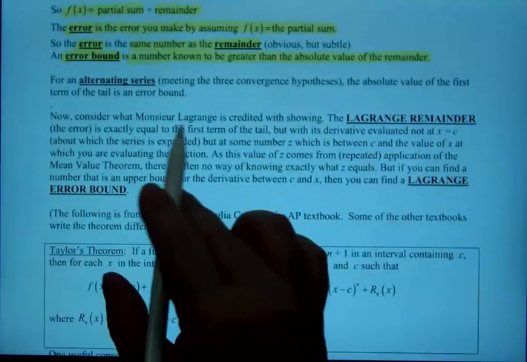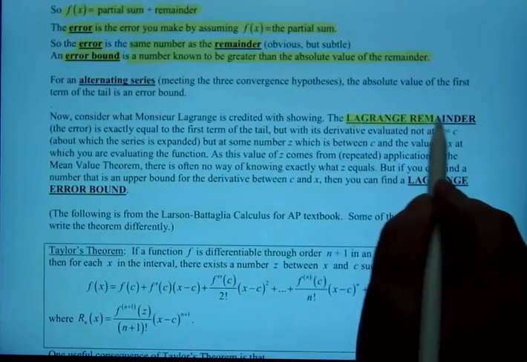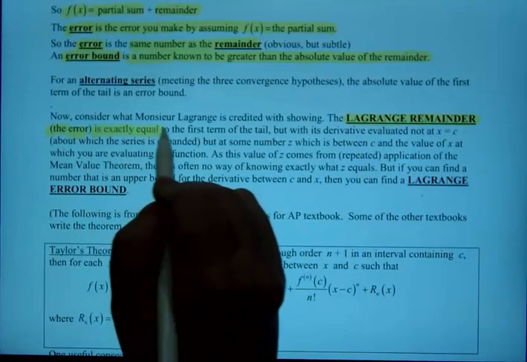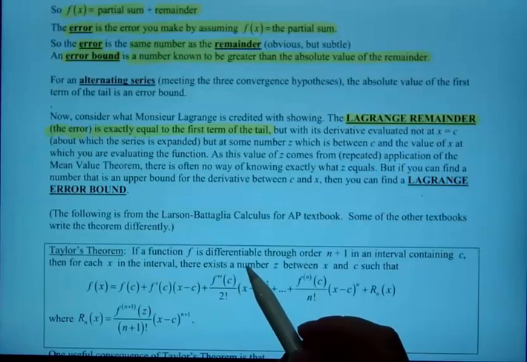Now consider what Monsieur Lagrange is credited with showing. The Lagrange remainder, which is the error, is exactly equal to the first term of the tail. So it's kind of like the alternating.